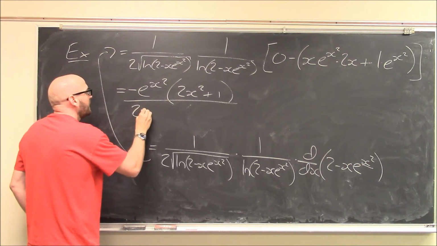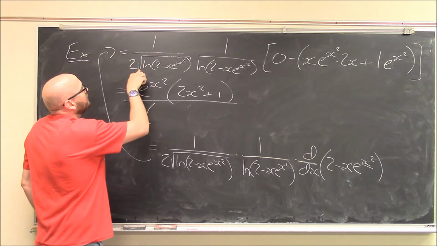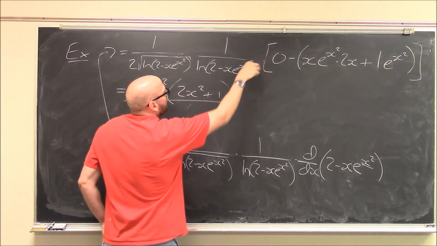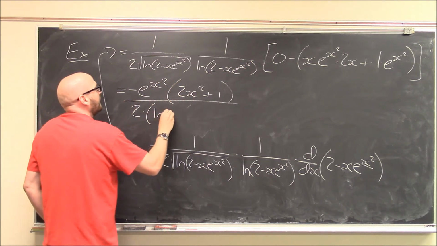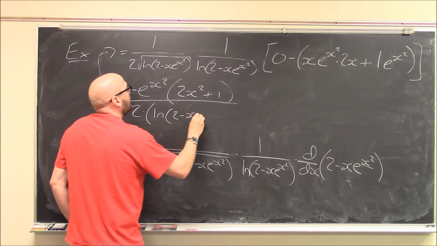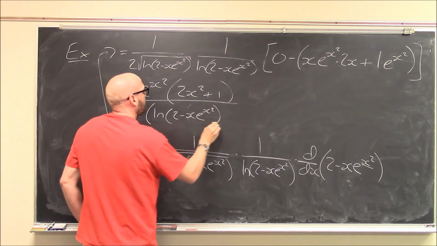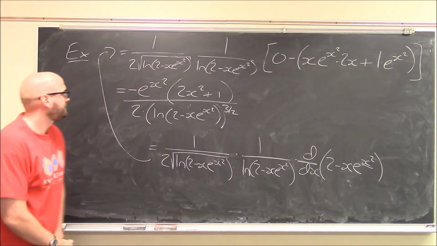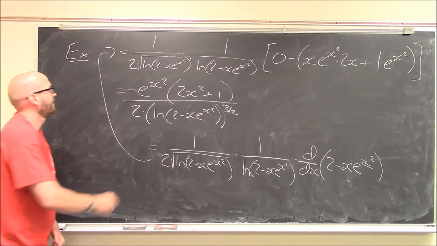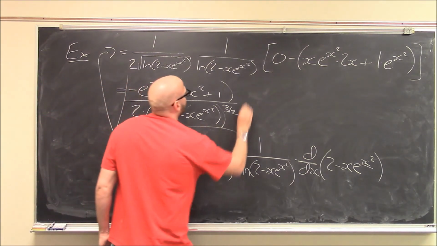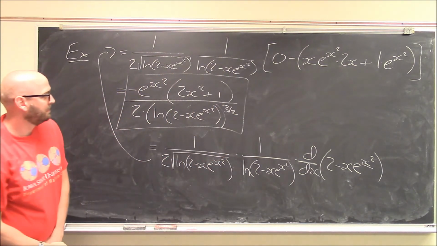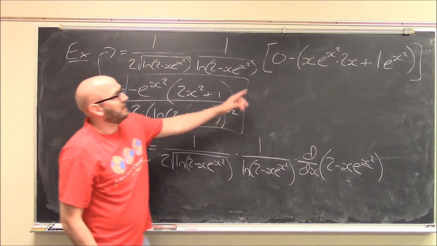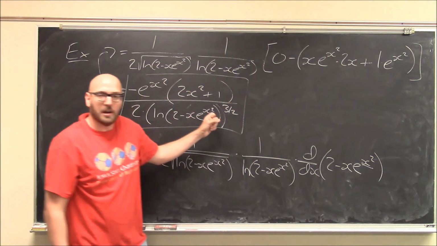This is 2 times, this is a 1/2 power, this is a power of 1, so that's just going to be ln of 2 minus x e to the x squared to the 3/2. There's the derivative. Again, up here we've already found the derivative. I've just cleaned it up a little bit on this line.